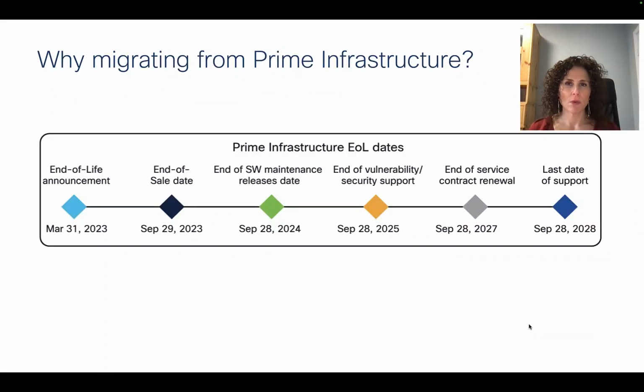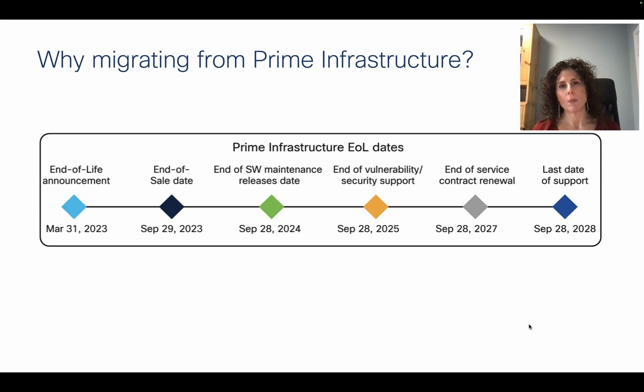So the first question that we always get is, why do we need to migrate from Prime Infrastructure? And in previous videos, we covered the benefits of intent-based automation and intent-based assurance, if we compare to traditional management systems. And we recommend you go to those videos.